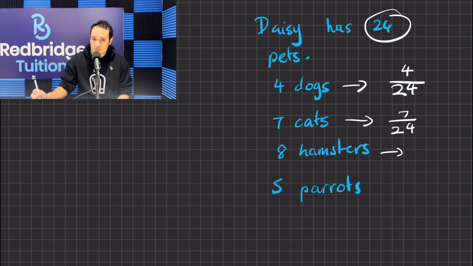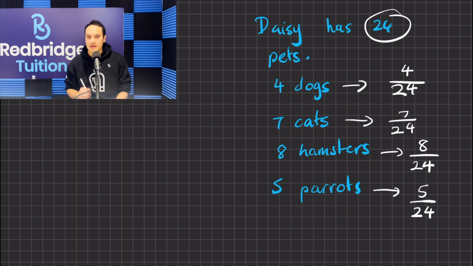She's got 8 hamsters. So we're going to put that on top. And we're going to put 24 underneath. And then finally, parrots. Have a go at this one. You should get 5 on top as the numerator, and then 24 underneath.